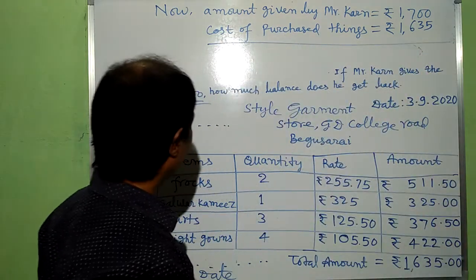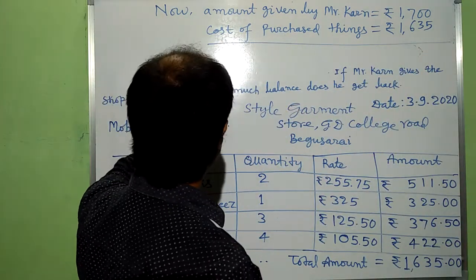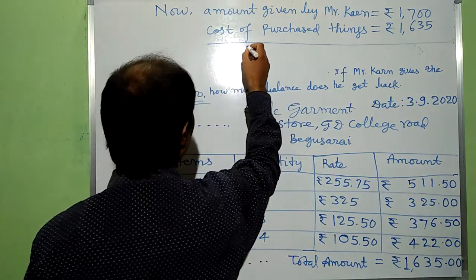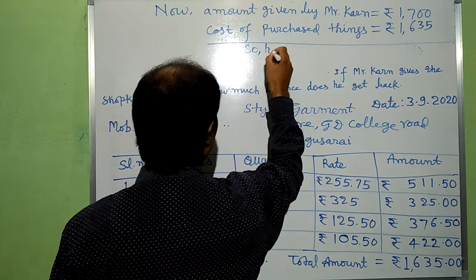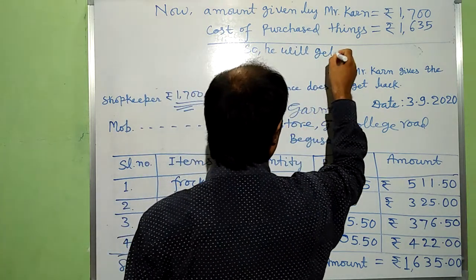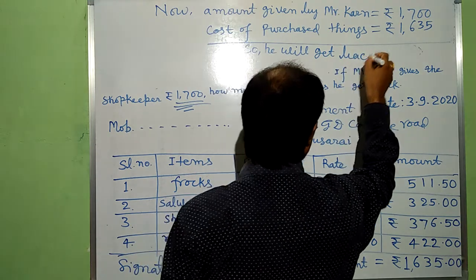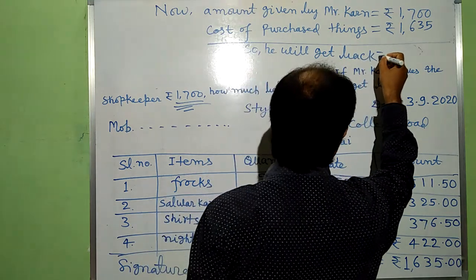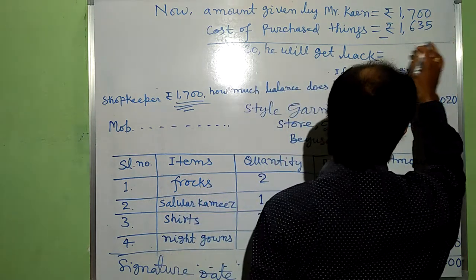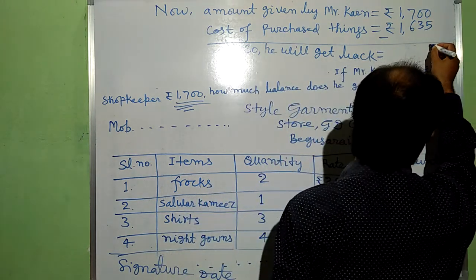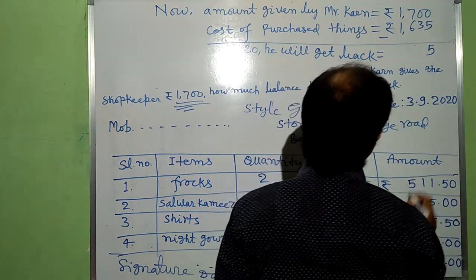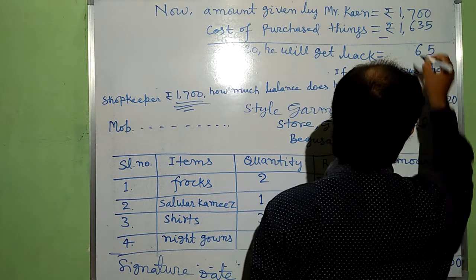Now, how much balance does he get back? So, he will get back, this will be subtracted like this: ₹65.